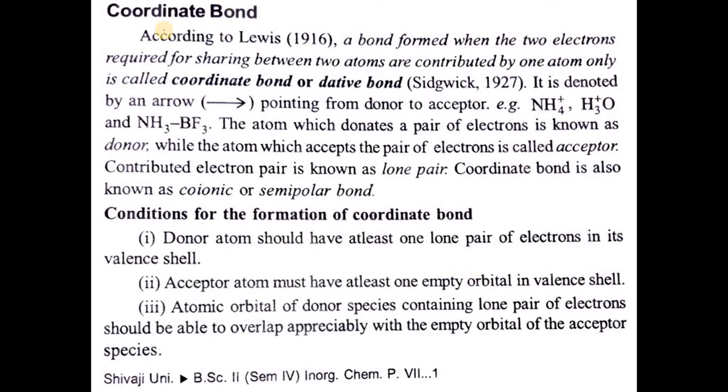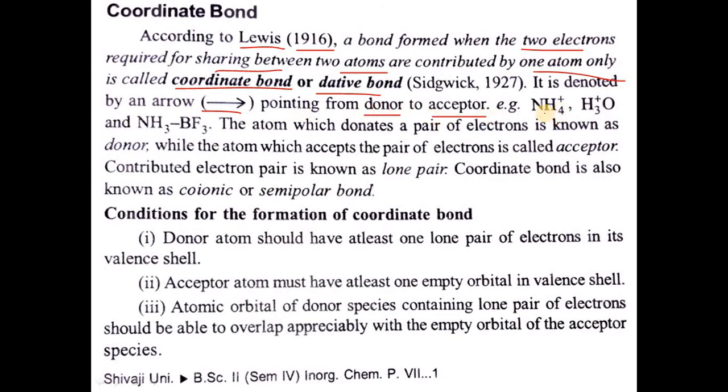As per the textbook, Lewis discovered this coordinate type of bonding in 1916. It is a bond formed when the two electrons required for sharing between two atoms are contributed by one atom only, and it is called a coordinate bond or dative bond. It is denoted by an arrow pointing from donor to acceptor.